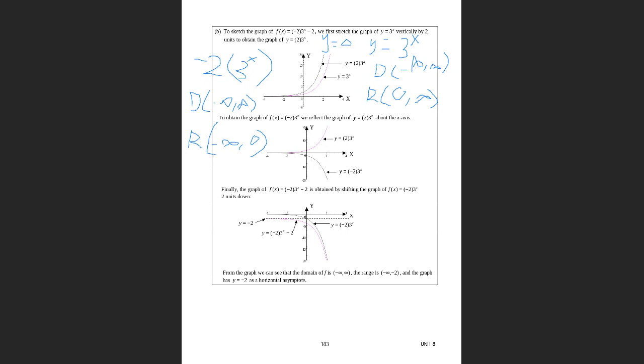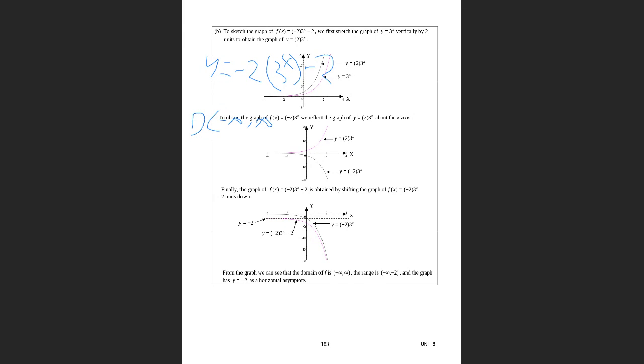In the same way, if we have something like this, y equals negative 2 into bracket 3 exponent x minus 2, we have to see that our domain is still negative infinity to positive infinity.